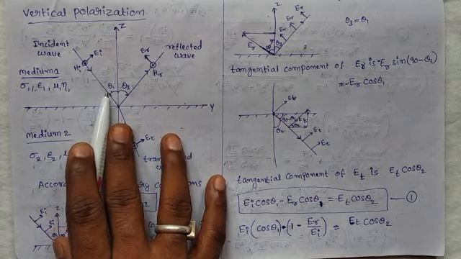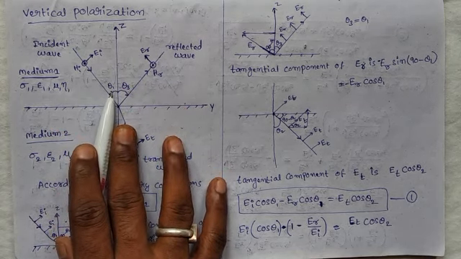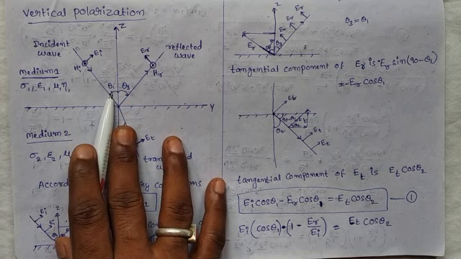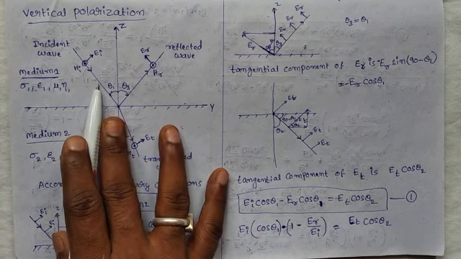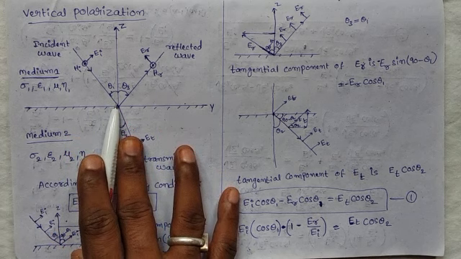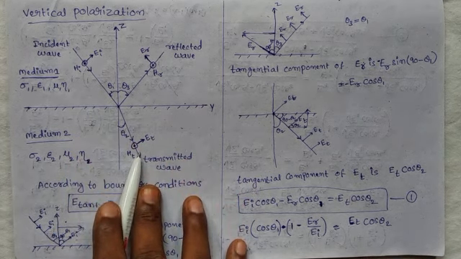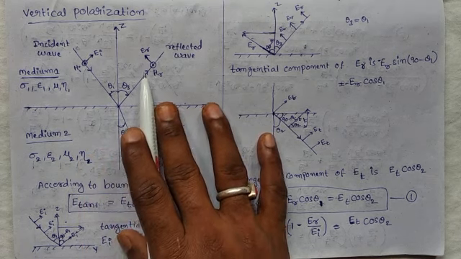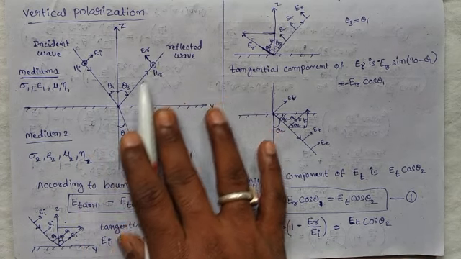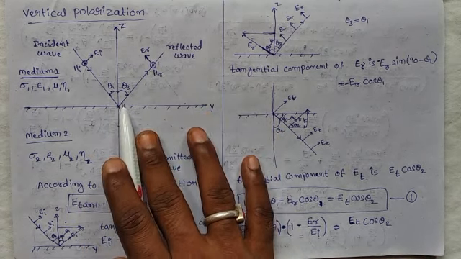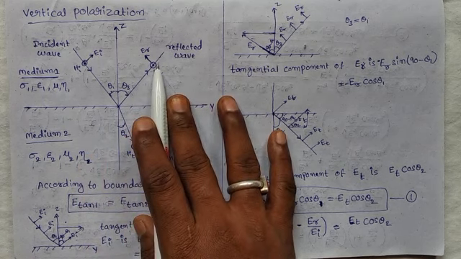This angle is theta 1. This angle is called the angle of incidence. Due to this incident wave at the interface between the two dielectric mediums, part of the wave is transmitted into the second medium and the remaining part is reflected in medium 1.